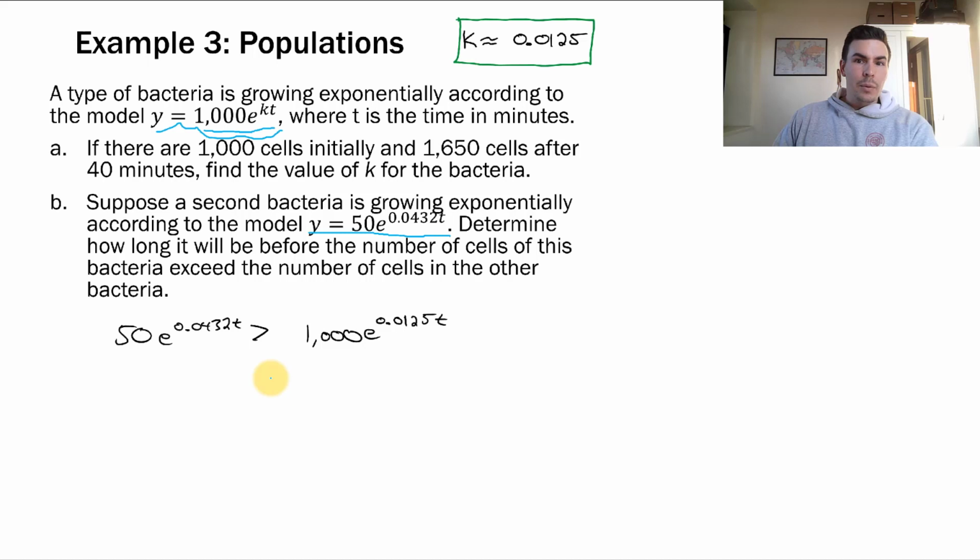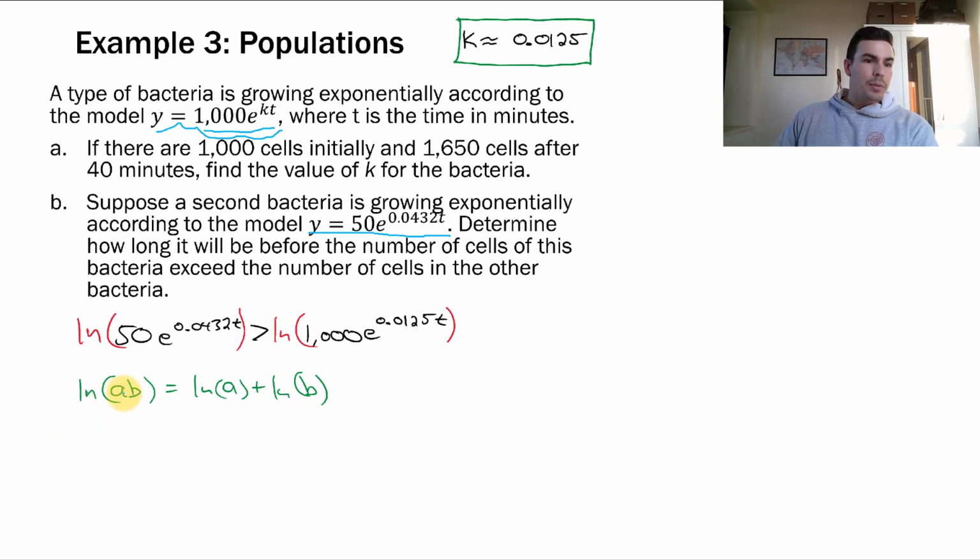We can go ahead and take the natural log of both sides right off the bat. Why? Because I have this product property that says the natural log of a times b is the natural log of a plus the natural log of b. So I'm going to use this property in reverse and split these with addition.